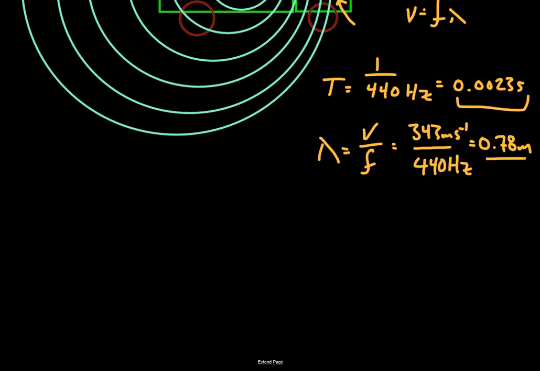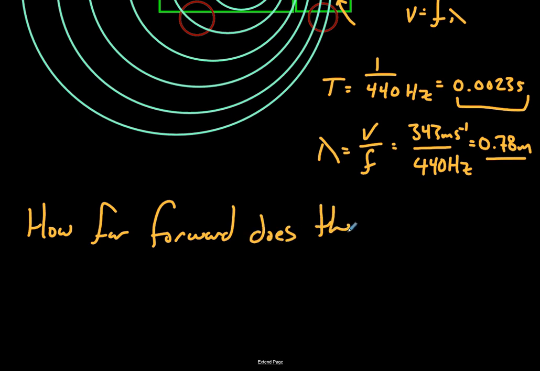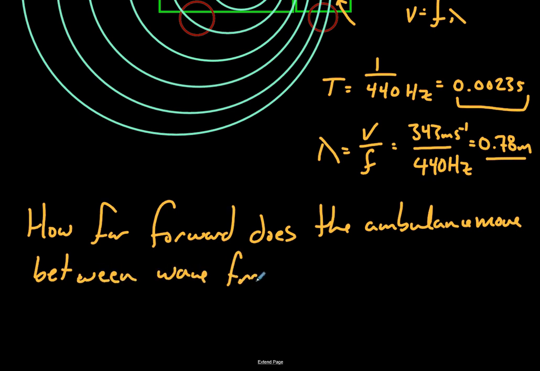How far forward does the ambulance move between wave fronts? Say it just emitted a front, then 0.0023 seconds later it emits another front. How far did it move in there?